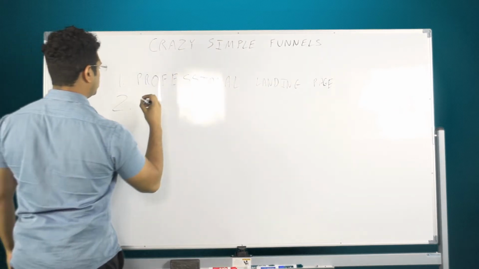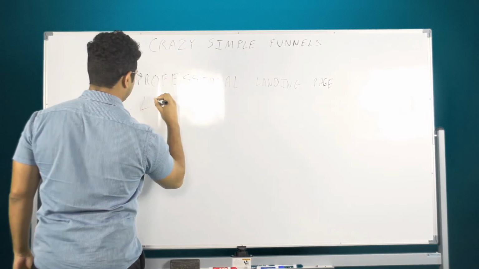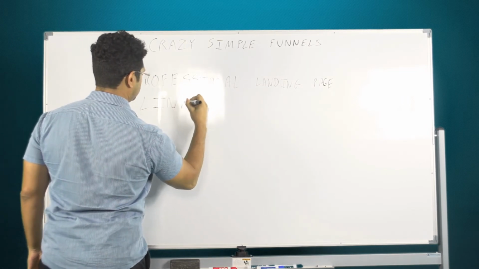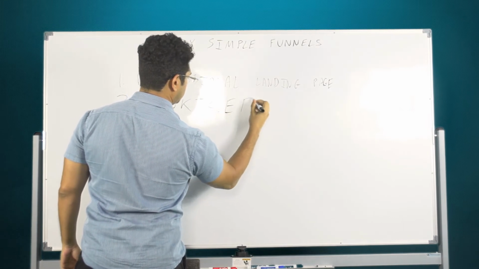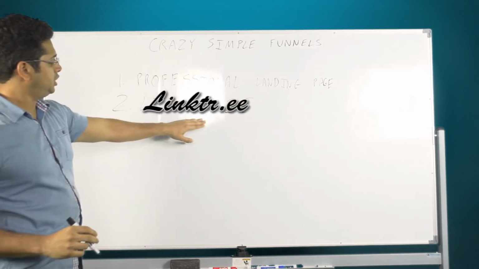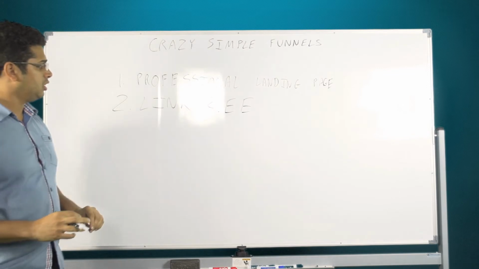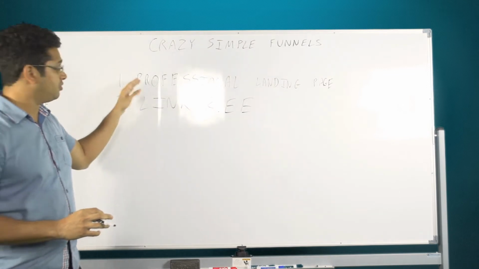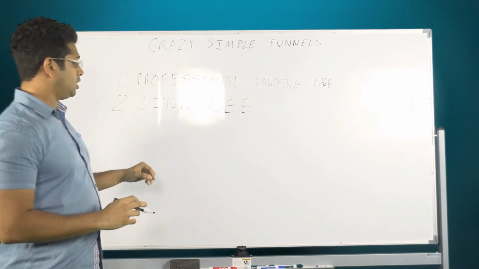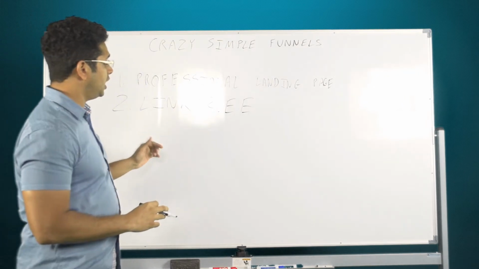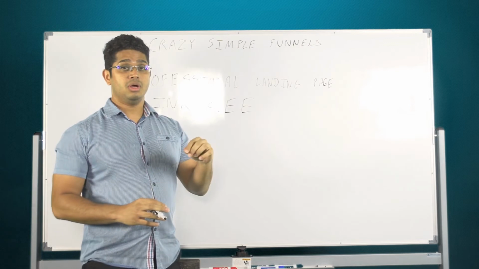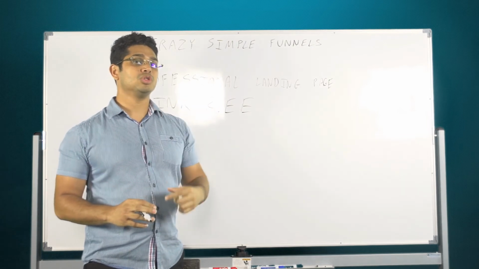The second thing you could do is use an app called, I hope I got this right, linktr.ee. Now Linktree is a web app that does everything of this for you. It comes in a free version and a paid version, and it can be used as a substitute for the link in bio that people use on Instagram a lot.